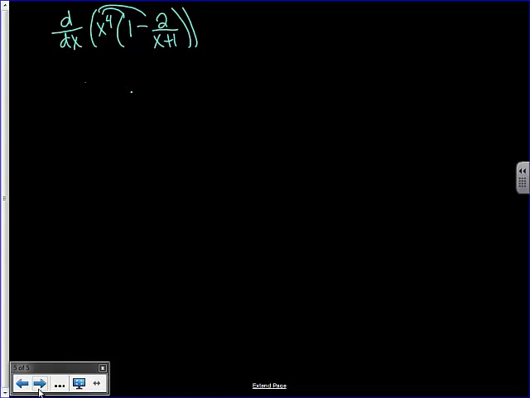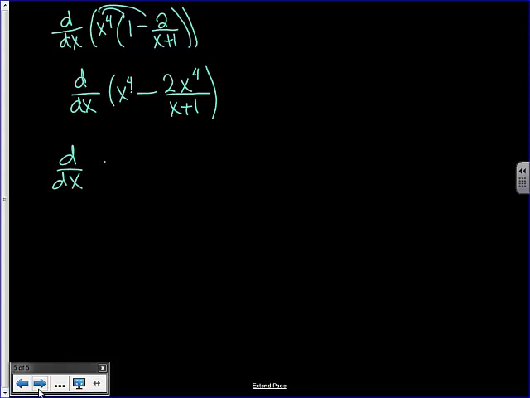So I now have d dx of x to the 4th minus 2x to the 4th over x plus 1. Well, I can do each piece, right? So d dx of x to the 4th minus d dx of 2x to the 4th over x plus 1.